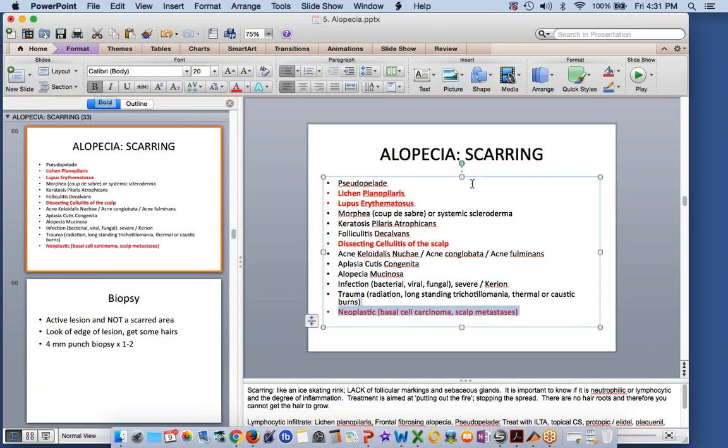And then you always need to think that if there's some sort of scarring alopecia and it looks like a nodular plaque, and there's scattered nodular plaques throughout the scalp, you could be dealing with metastatic disease. And metastatic disease, one of the most common ones are urinary.